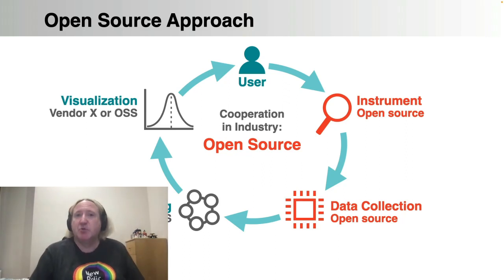So it is still possible to either use an open source component or a vendor for that part. The next step, closing the loop to bring it back around to the user again, is visualization. Again, there are good stories here, both from vendor code and from open source solutions. And the market is still developing for these final two pieces.